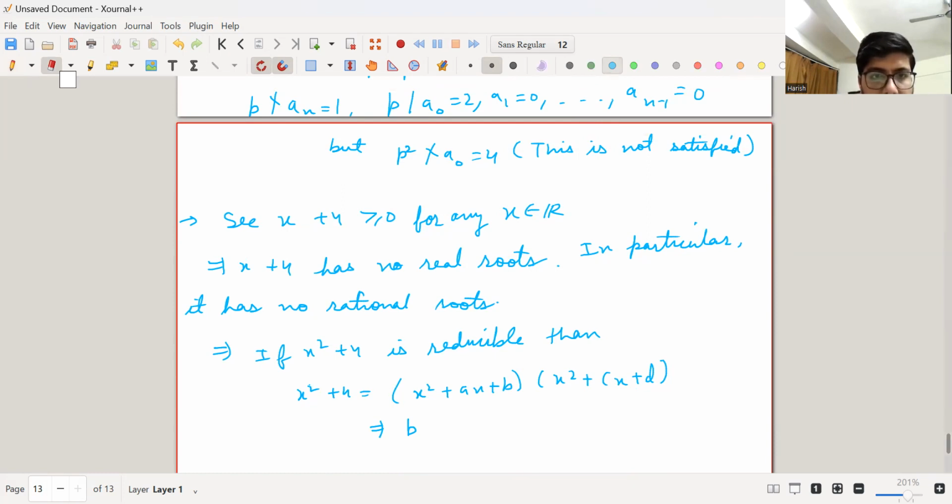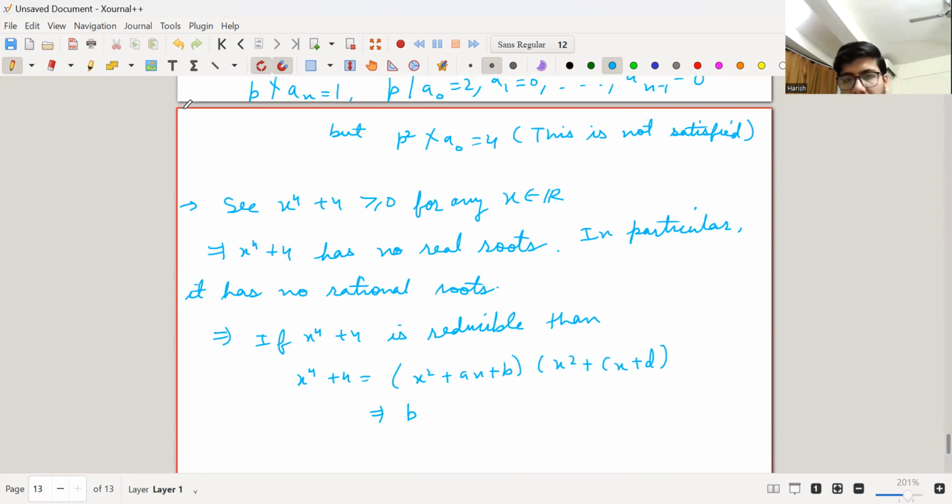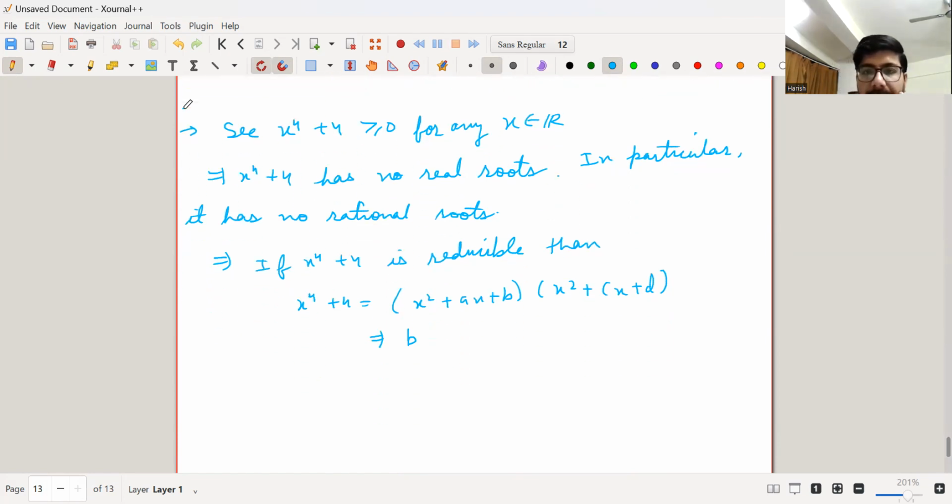Thanks, Vivek. So it's x^4 + 4. If you simply multiply it, you will get that bd should be equal to 4, right?